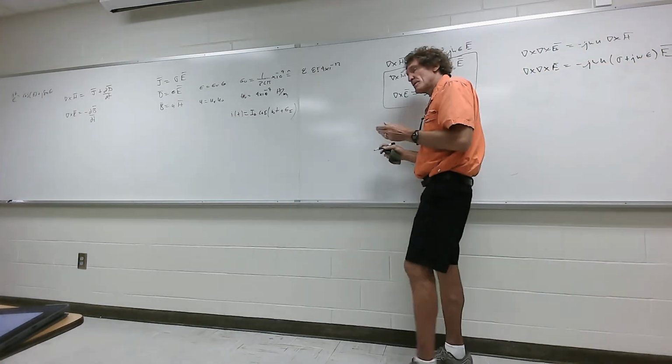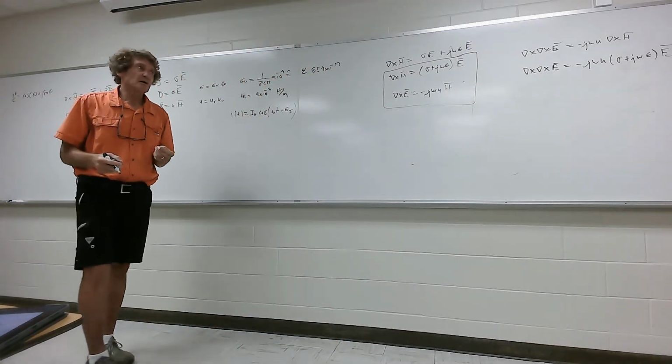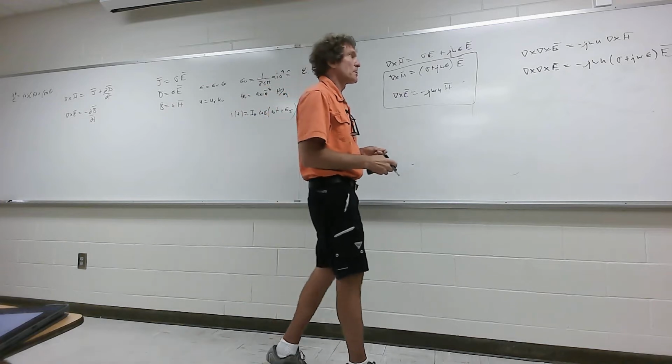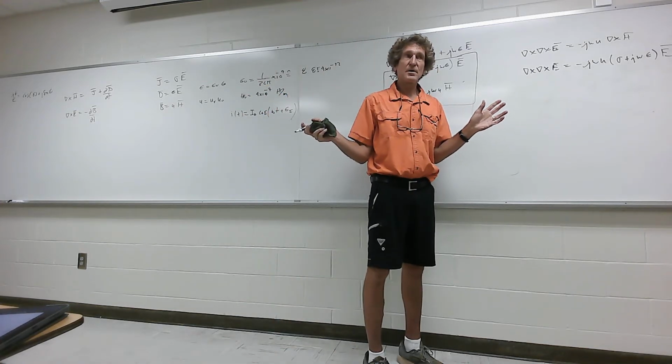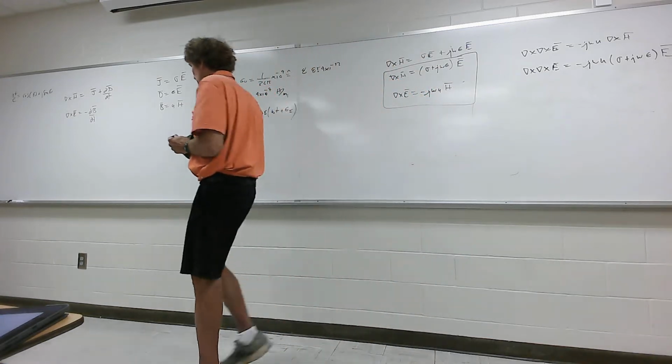You see, now I have one equation with just E. I've got constants in there. I've got sigma, I've got epsilon, I've got mu, but it's one equation with only one unknown. Y'all follow me? All right, next we do a vector identity.